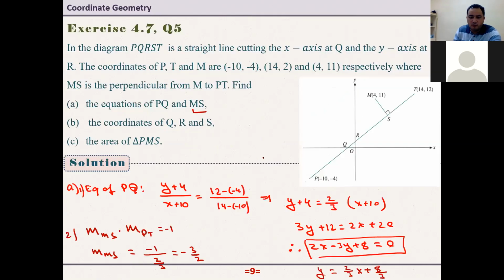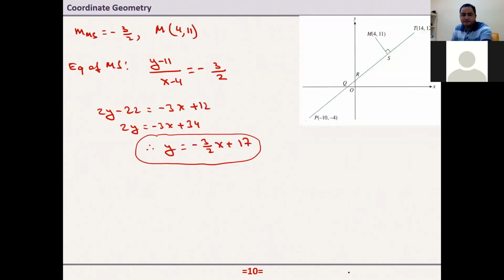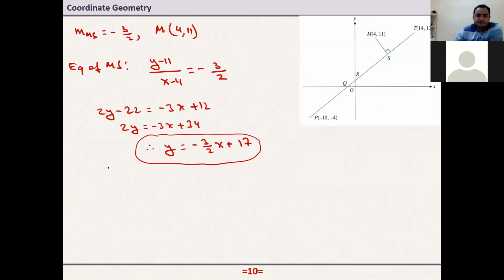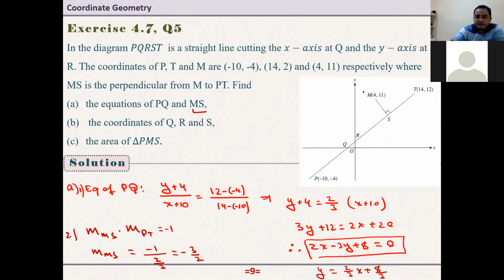Let's see here, minus 3 over 2, and this one is 2 over 3, because they are perpendicular. Okay, we got it. Next question is the coordinates of Q, R, S. That is part B, coordinates of Q, R, S. I think it's not so hard since we know the equation of PT, right? What is the equation of PT?